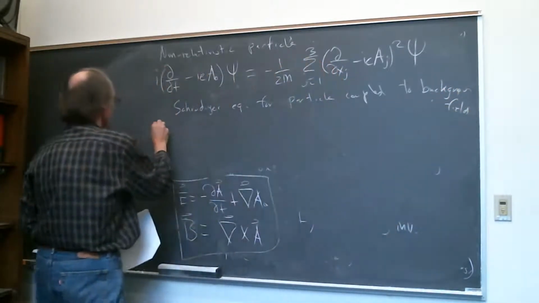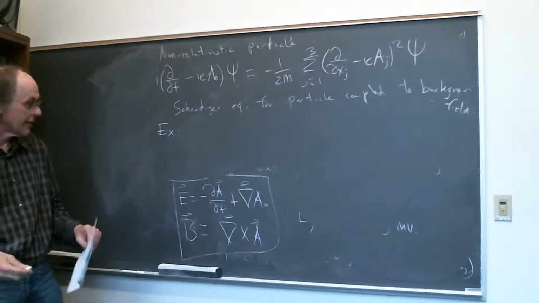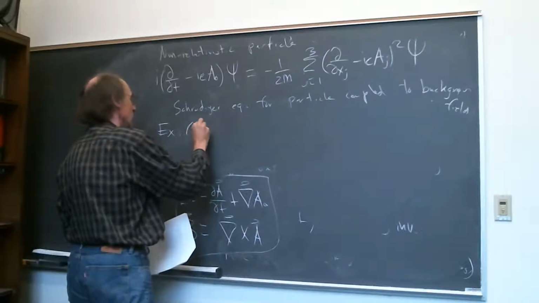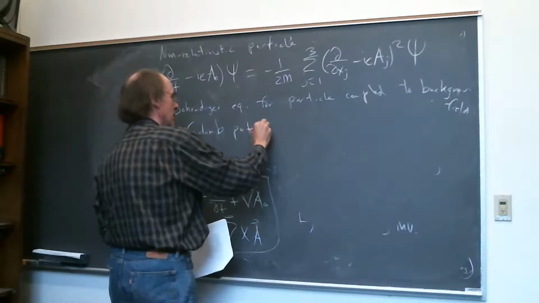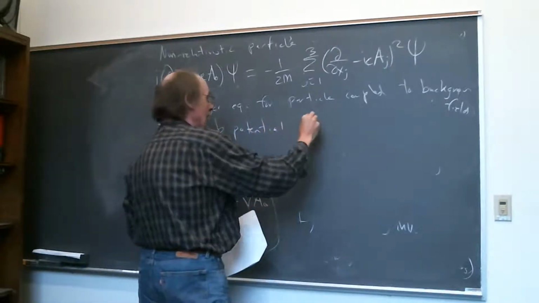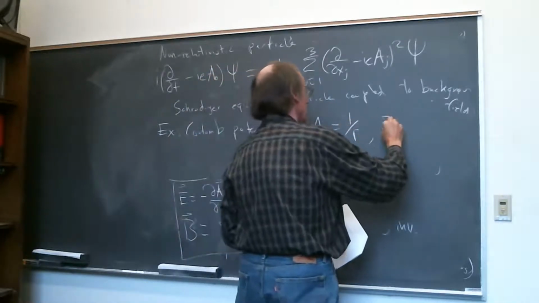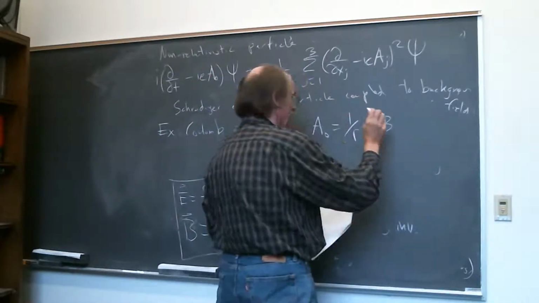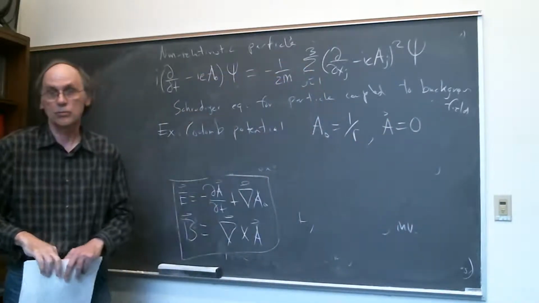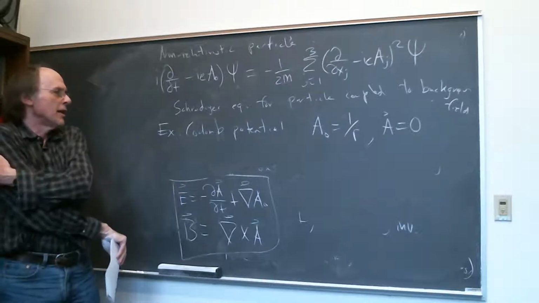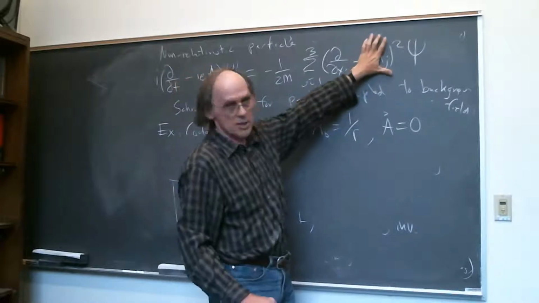And maybe an example. One example would be if you take the Coulomb potential, that would be A0 is 1/r, and the vector potential part is 0. If you look at what happens here, this doesn't change at all.